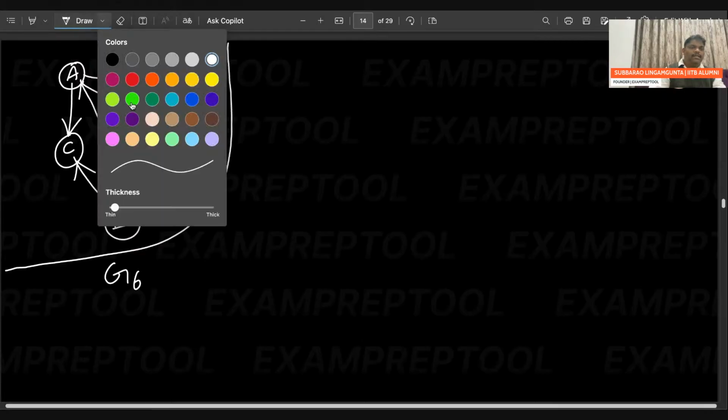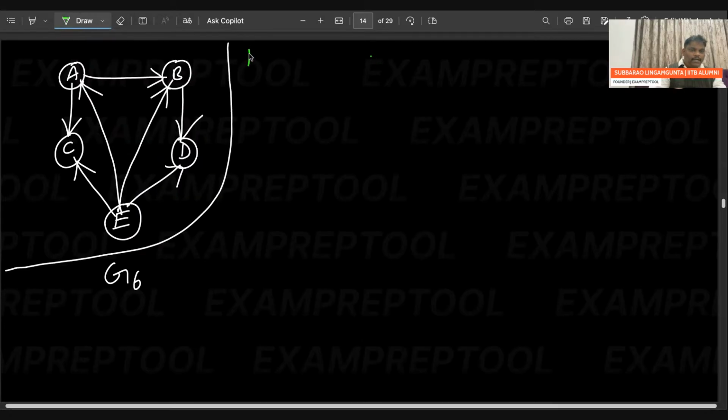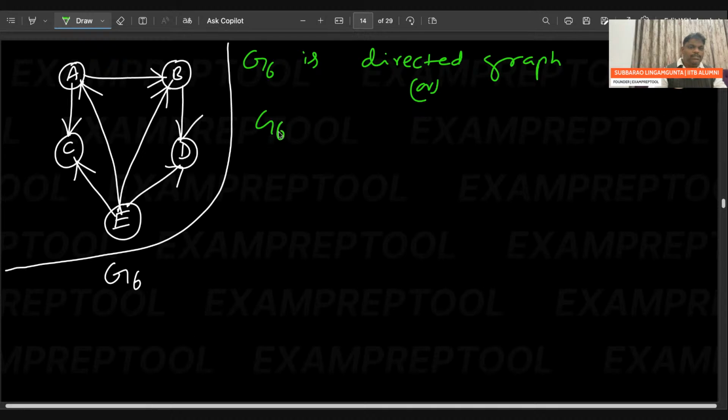I am writing now: G6 is a directed graph. Its short name is digraph, but otherwise it is not really required, to avoid unnecessary confusion. Simply write G6 is a directed graph.